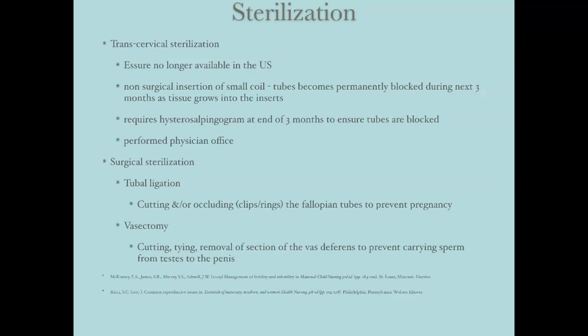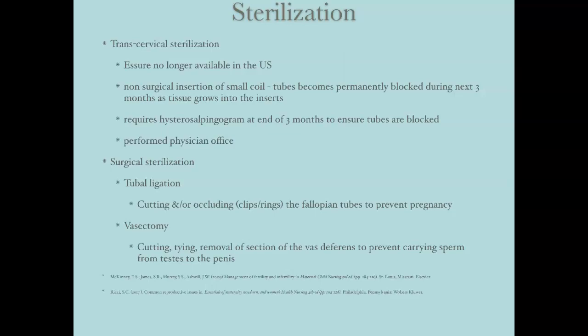They will just make a small incision right around the umbilicus and do the tubal ligation there. If it is someone who hasn't recently had a pregnancy, then it's a laparoscopic procedure, usually outpatient, go home the same day, either in an outpatient surgery center or hospital setting.